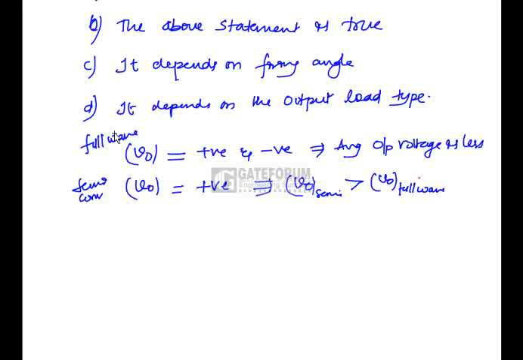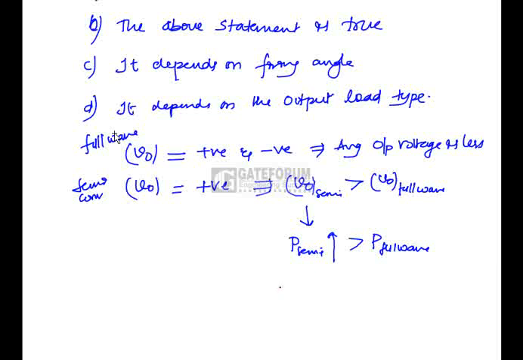I am talking about average output voltage. Now average output voltage semi-converter is more. If average output voltage is more, what about power delivered? Power delivered using semi-converter will be more than that of a full wave, or you can write the relation like this.